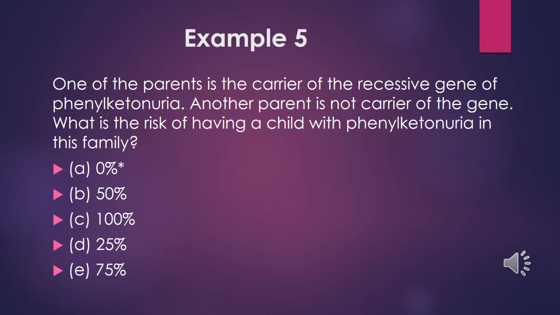Example number 5. It's a question about a recessive gene, and if we have a recessive gene in heterozygotes in a family, or a parent who is not a carrier of the gene, will the recessive gene be represented in the future generation or not. Students, these questions are about the first rule of Mendel.